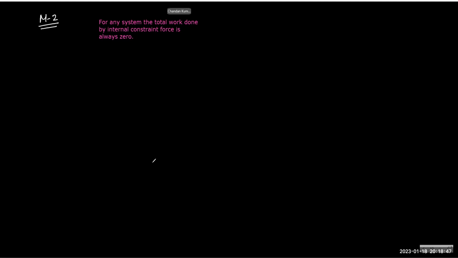If two masses are connected by a spring, which can extend and compress both, will it put constraint on the connected mass? Yes or no? Yes, sir. How can a spring put constraint? Come on.